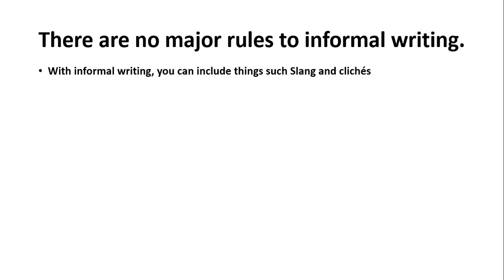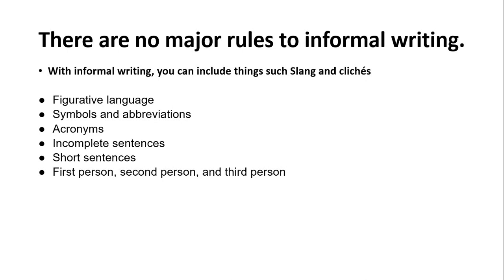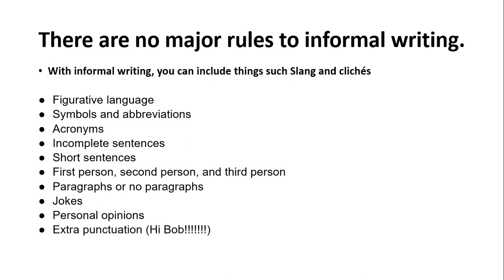In informal writing, you can include things such as slang and cliches, figurative language, symbols and abbreviations, acronyms, incomplete sentences, short sentences, first person, second person, and third person, paragraphs and no paragraphs, jokes, personal opinions, extra punctuation.